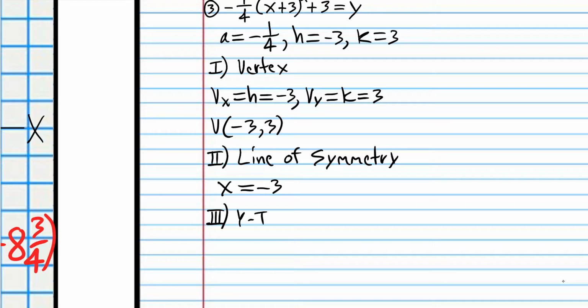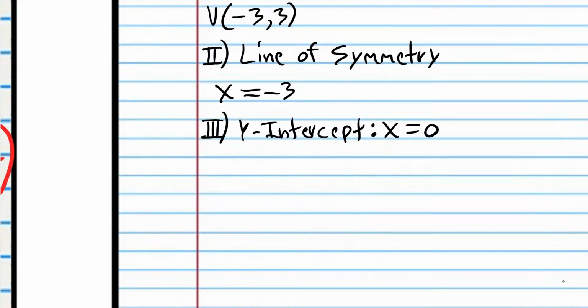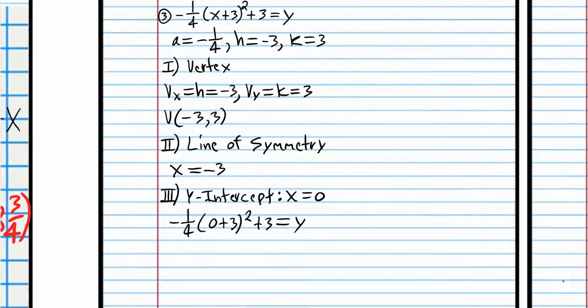Now we're going to find the y-intercept. And to do that, of course, we let x equal 0. So we're going to copy down that expression up there, except we're going to let x equal 0, and we're going to solve for y. Just make sure I got all that right.